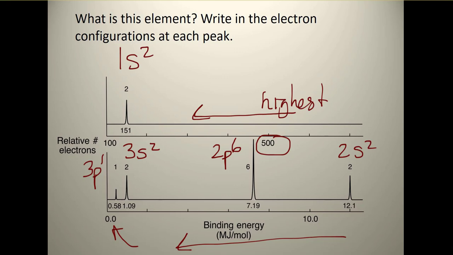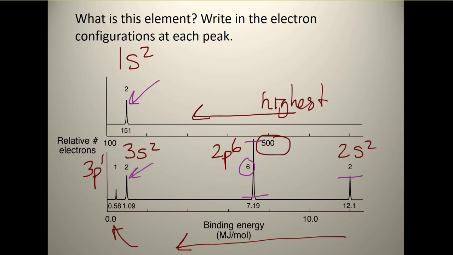Notice that the heights of the peaks should relate to each other. This one has a height of 6, so a height of 2 should be about 1/3 as tall. Your starting peak should always be 1s2 as long as you have at least 2 electrons, and you can compare those 2 electrons to the heights of all the other ones.